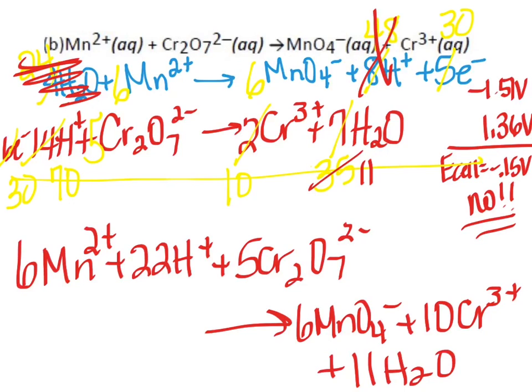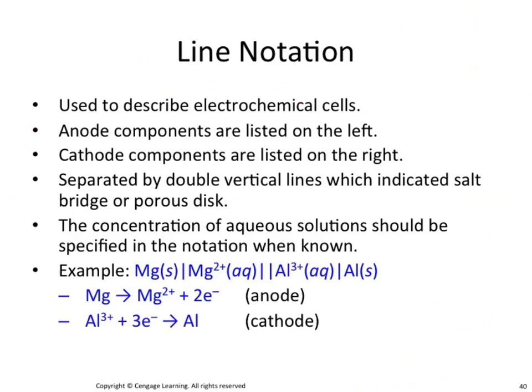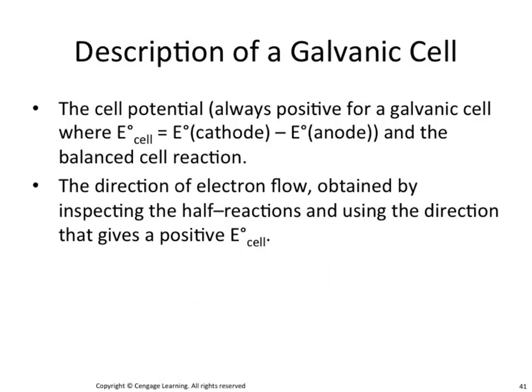So now we're going to go one step further. We're going to ignore the line notation real quick, and we're going to talk about our galvanic cell.